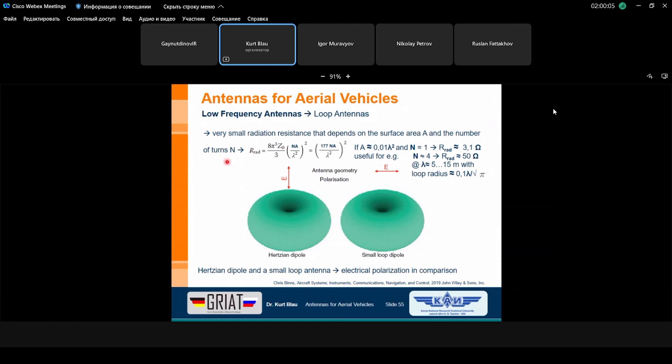Again, the short dipole also delivers us, let's say, a gain in the range larger than 1.8 dBi and a little bit smaller than 2.15 dBi.